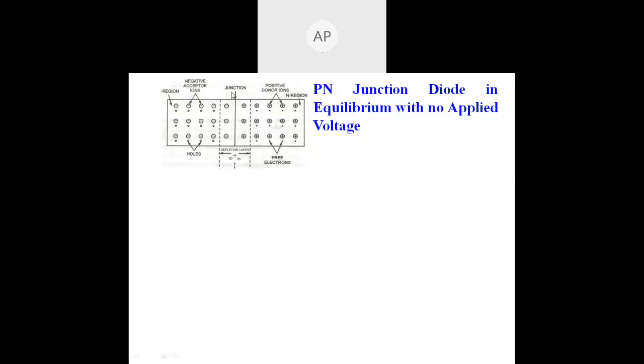So finally, on the P side we have majority carriers as holes and minority carriers as electrons.